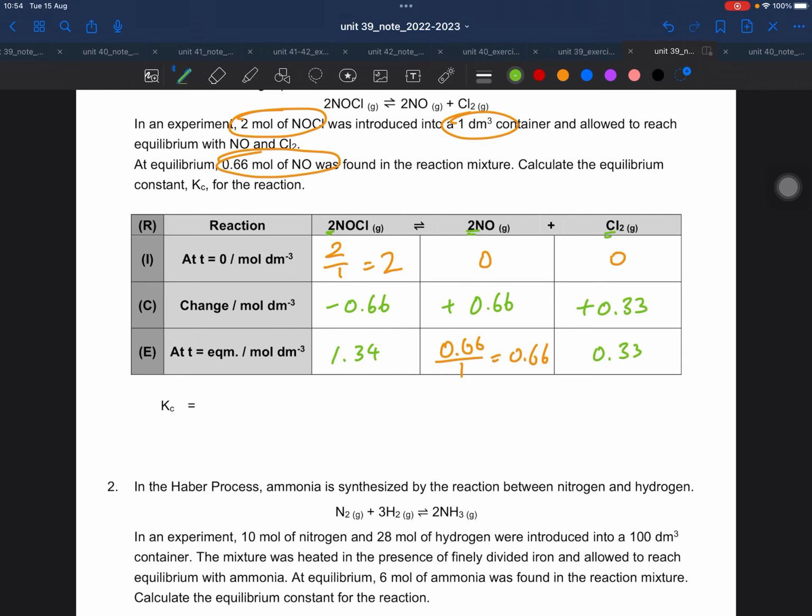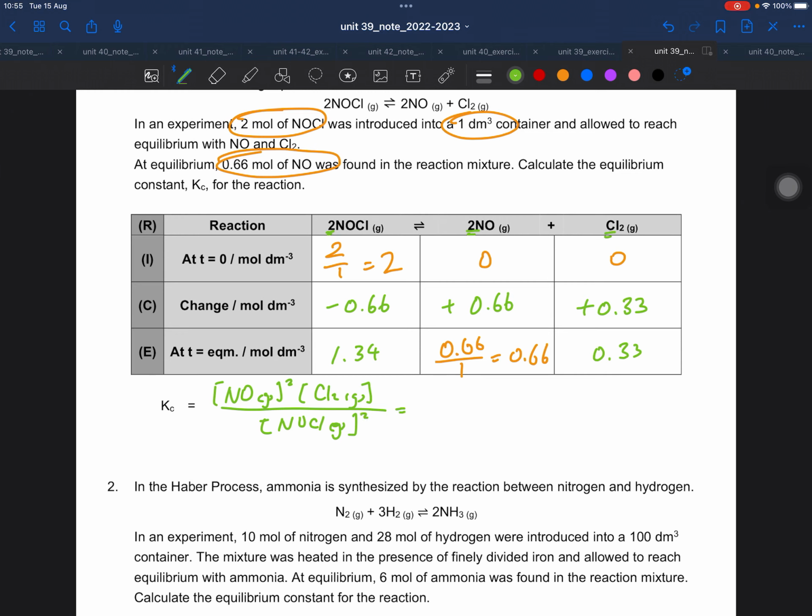And the Kc, well, please write down the expression of Kc first. Now, double check, is every species necessary to exist in the expression of Kc? Yes, there's a square.